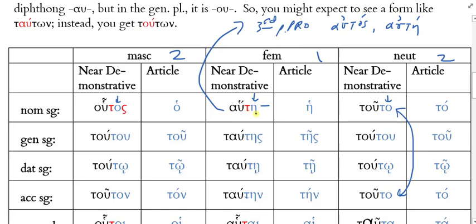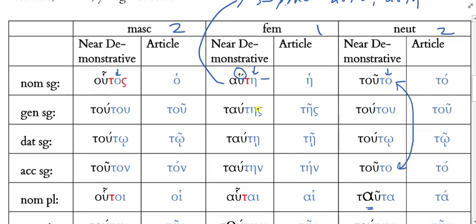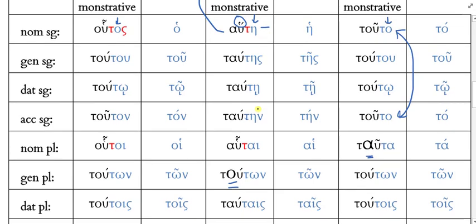Autē, haute. What's different? Okay, the breathing mark and the accent are on the front end. The breathing is rough when it's the demonstrative, smooth when it's the pronoun. Okay, so au versus hau. Autē, accent at the end. Here, haute. Okay.